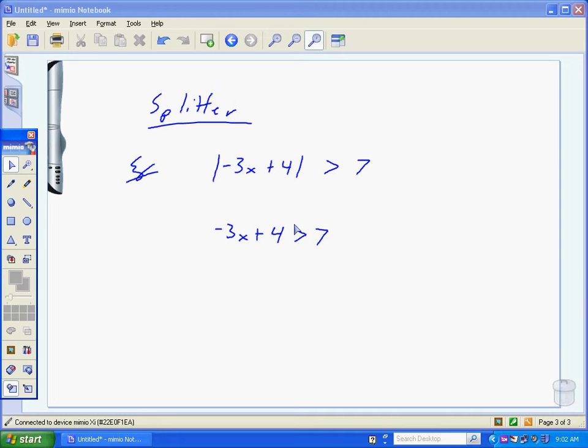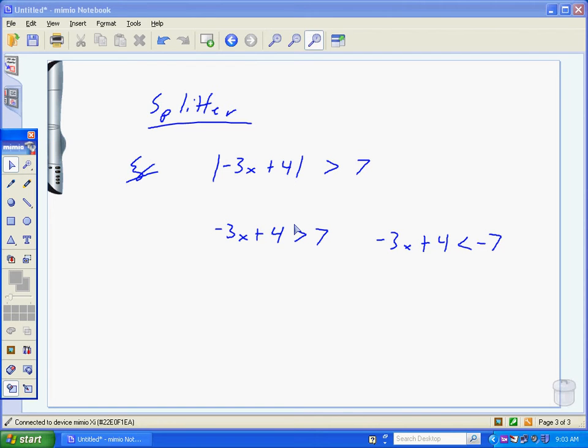So now if I think on the negative side of that, negative 8, is -8 less than or greater than -7? Less than. So -3x plus 4 is less than -7. Right? Because you just said -8, it's going to come out positive, right? But -8, that's less than -7. That's how I figure out that sign on the other side. Okay?